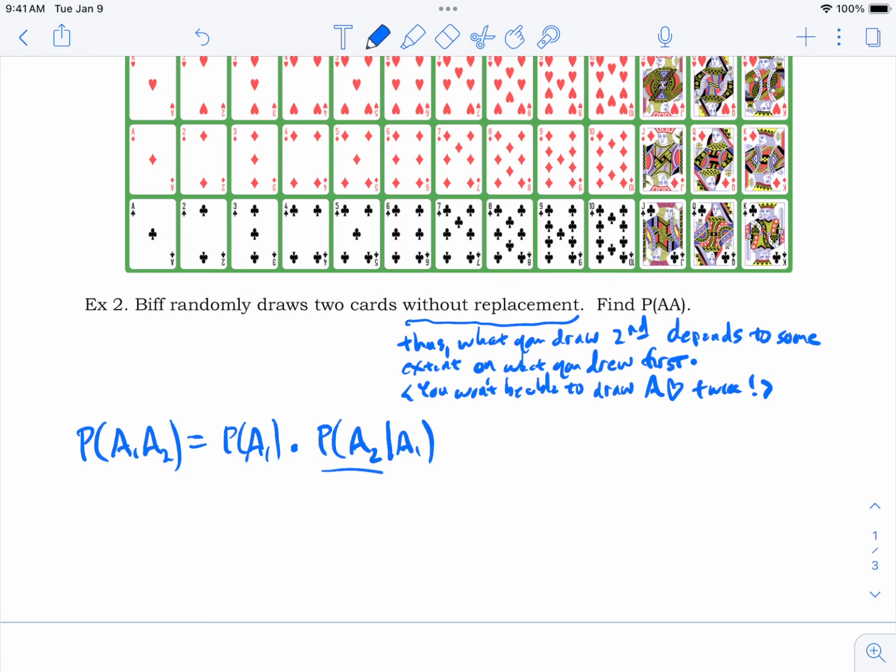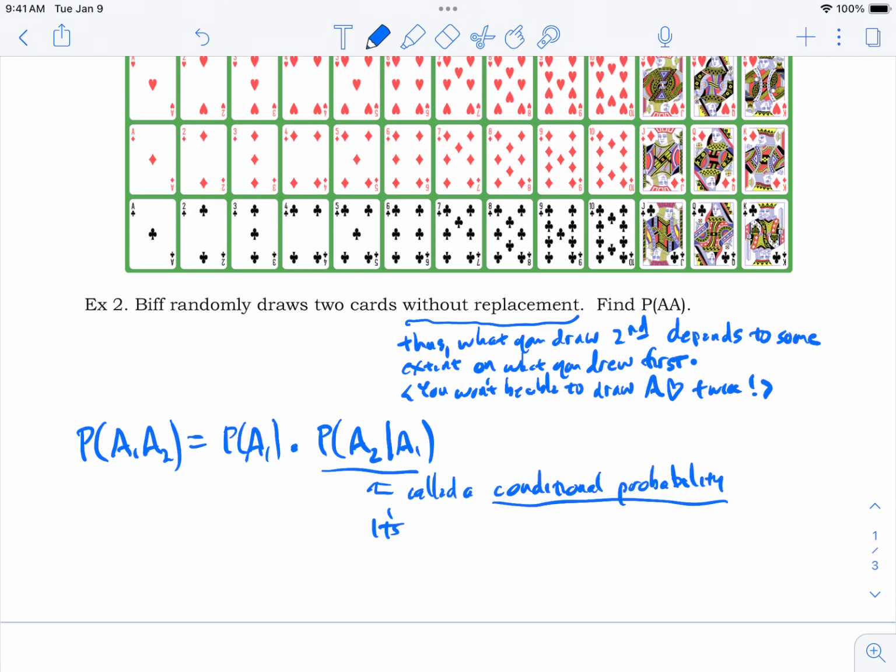And this whole thing is called a conditional probability. It has a condition on it, right? I always have a hard time with this word. It's called a conditional probability because, actually, let's say it this way.